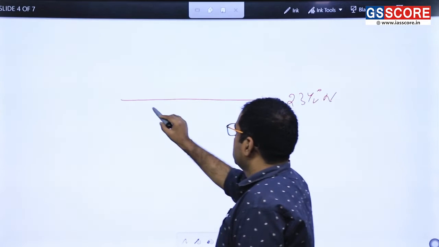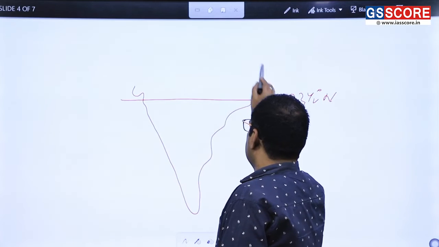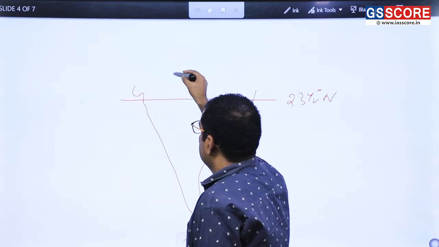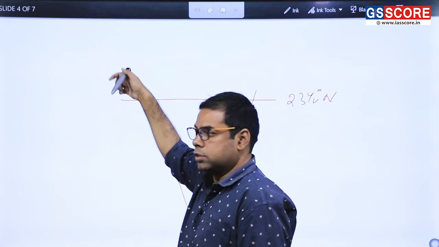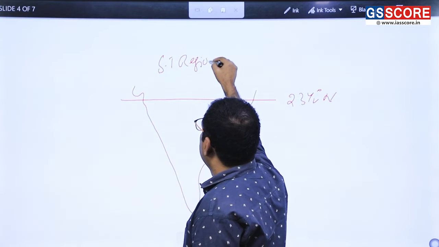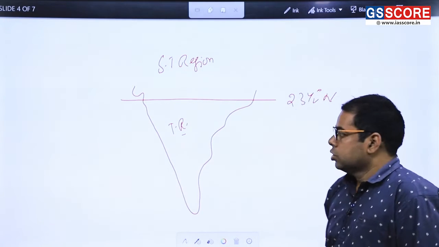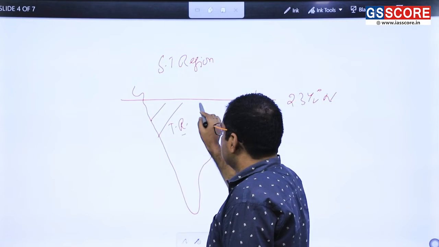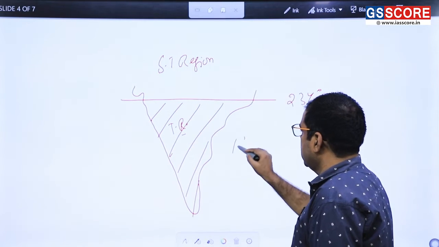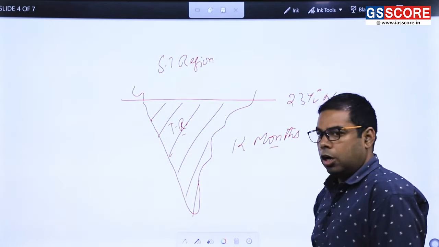Half is south of the Tropic of Cancer, and the other half is in the north of the Tropic of Cancer. This region is the subtropical region, and that is the tropical region, right? The tropical region has abundant sunlight throughout the year.